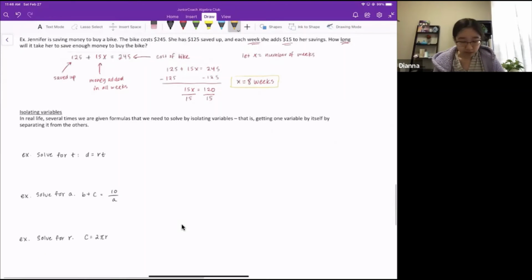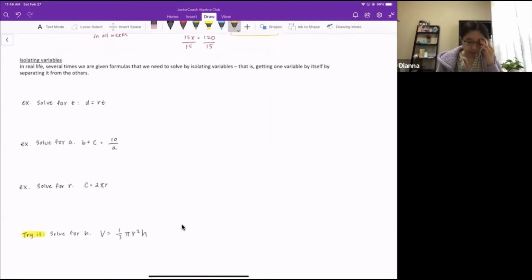In the first one, we're solving the equation d equals rt. If you don't know, it's the distance, speed, time equation. Your speed times time equals distance, but that's not important. We're asked to solve for t, that means we want to get t by itself, right? How do we get t by itself? It's pretty simple, actually. We're going to divide by r.